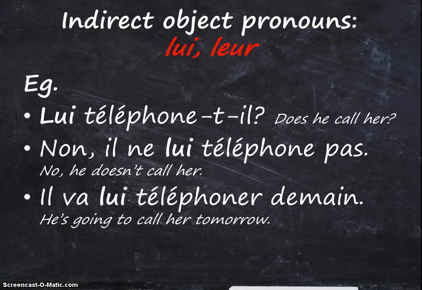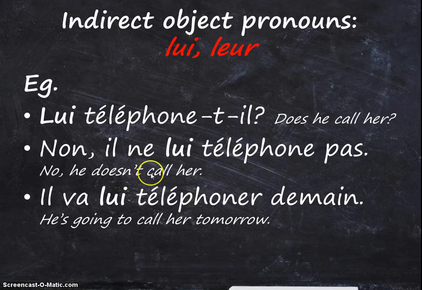For example, "Louis téléphone-t-il?" Does he call her? "Non, il ne lui téléphone pas." You notice that in the negative sentence, lui again goes before the verb.